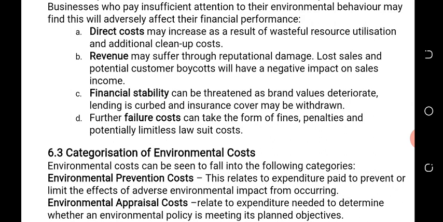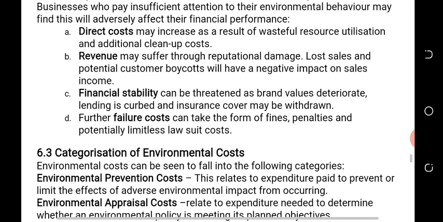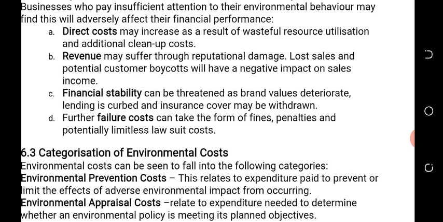It will affect the goodwill of the company, and by so doing, it will affect the sales of that company. People will no longer patronize the company because of the bad name the company is having in the community in which it is operating. So that will reduce its customers.